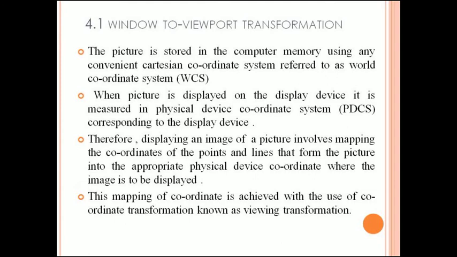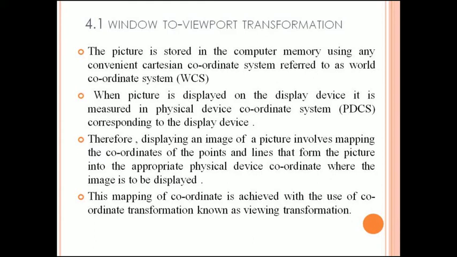Then window to viewport transformation. The picture is stored in computer memory using any convenient Cartesian coordinate system, referred to as the world coordinate system. When the picture is displayed on the display device, it is measured in the physical device coordinate system corresponding to the display device.